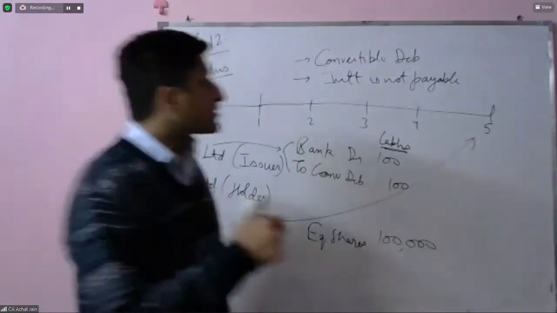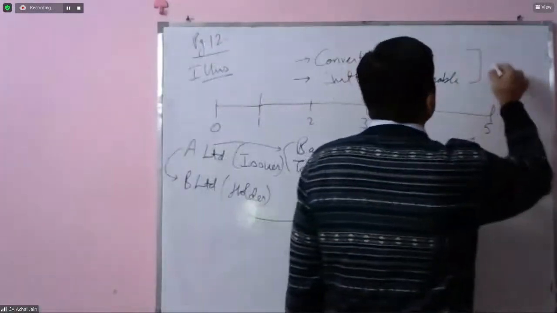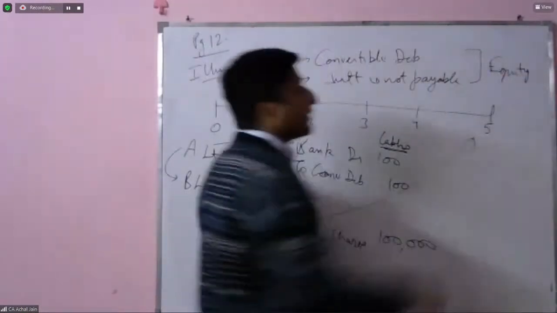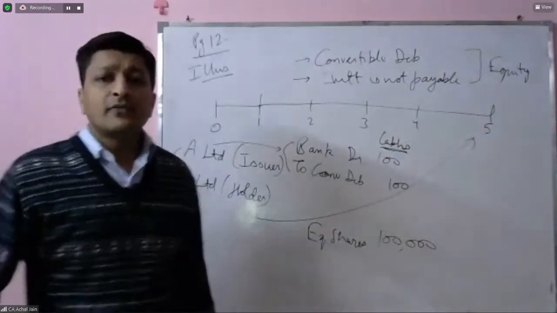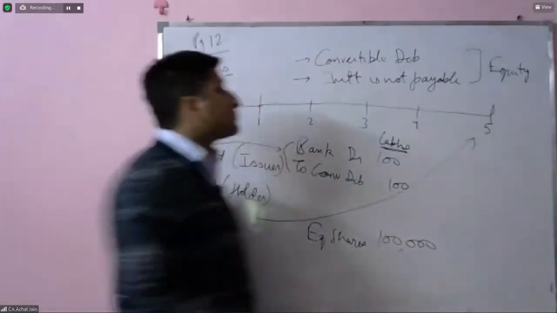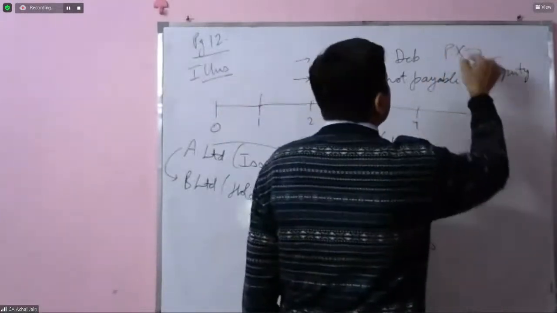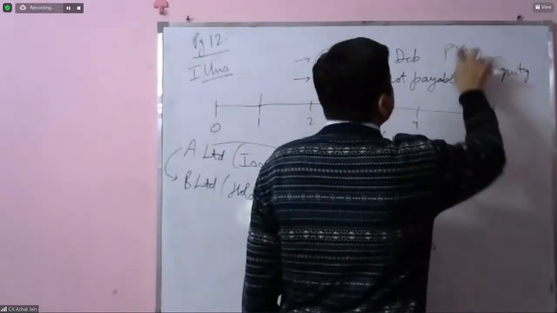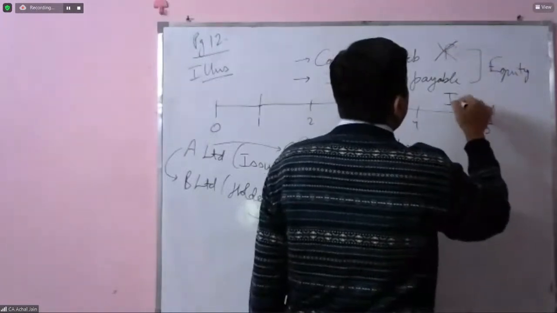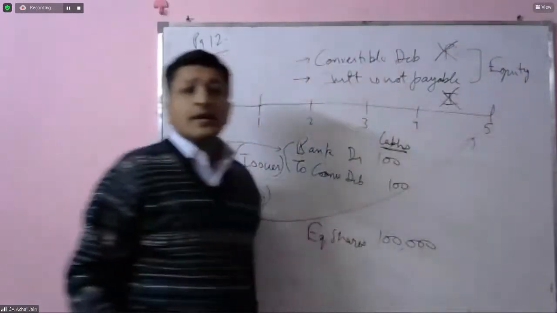Now in this case, we discussed that this instrument meets the criteria of an equity. You remember? We discussed why? Because principal was not repayable and interest was also not repayable.